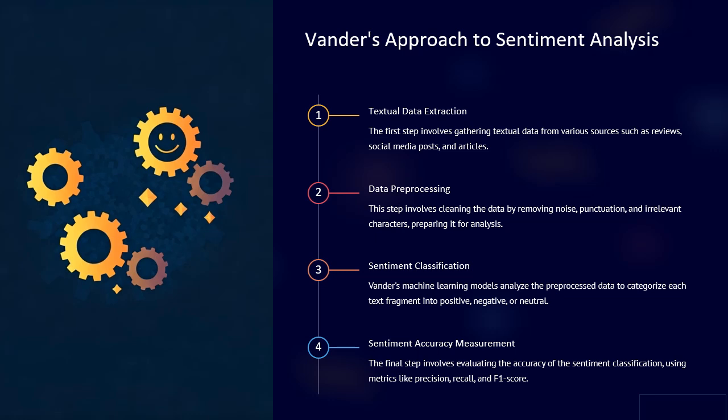Cleaning the data by removing these irrelevant parts is necessary to make it easier for the machine learning models to process the data accurately. Besides removing noise, data preprocessing also involves breaking sentences down into individual words, which is known as tokenization. This step helps in analyzing each word separately and makes it easier to interpret the text.